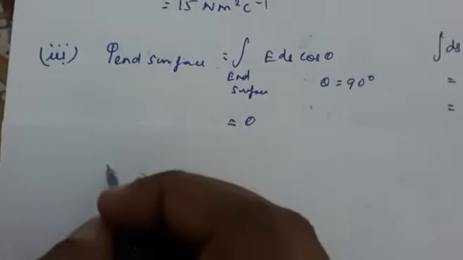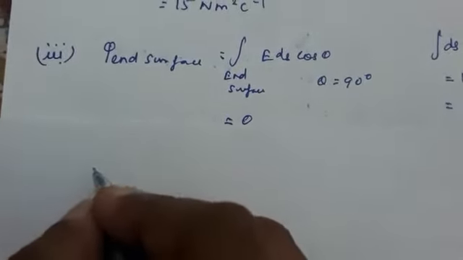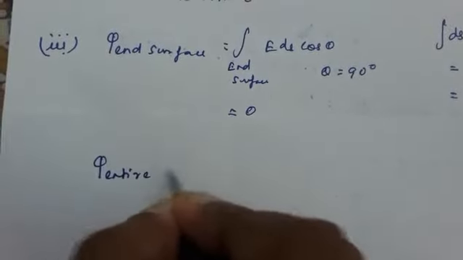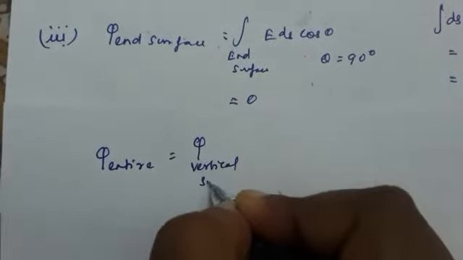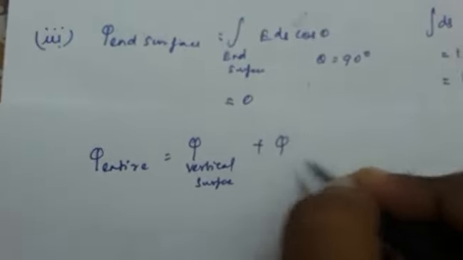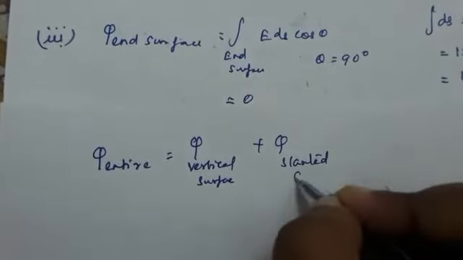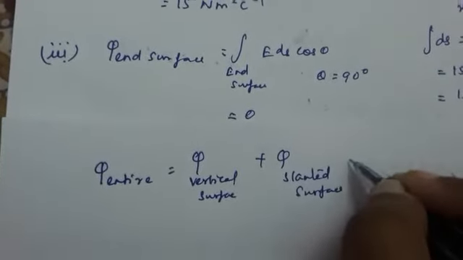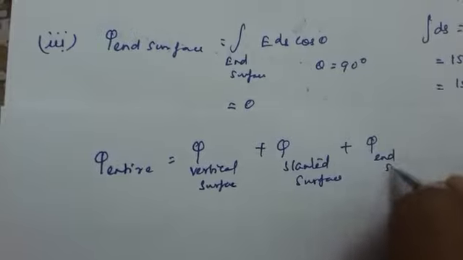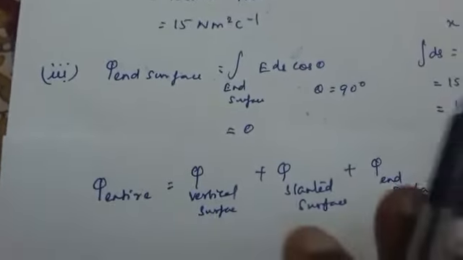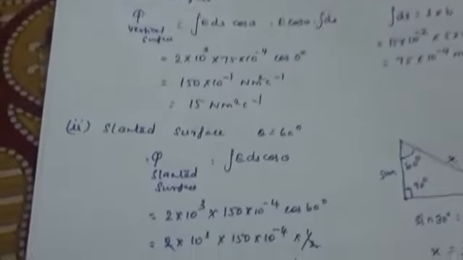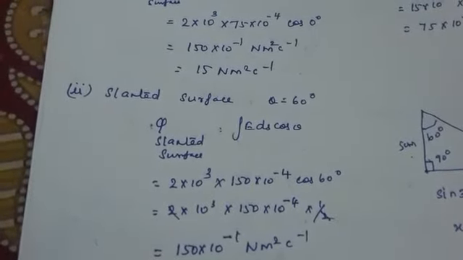Now we can find the flux for the entire surface. Flux for the entire surface is equal to flux in the vertical surface plus flux in the slanted surface plus flux in the end surface. Now, looking at the diagram again, in the vertical surface the electric field lines are entering inside, and in the slanted surface they are going outside.